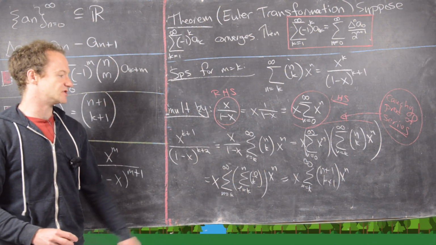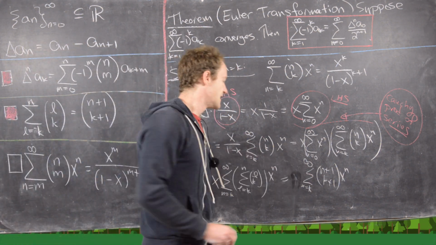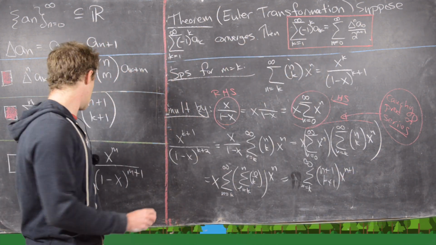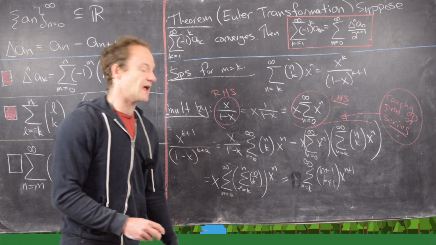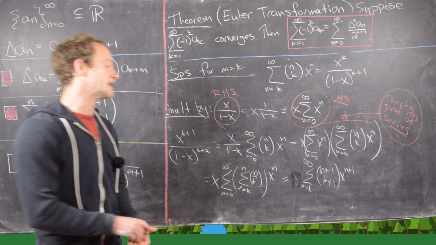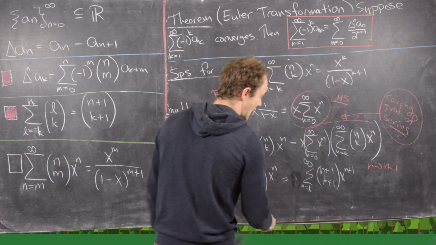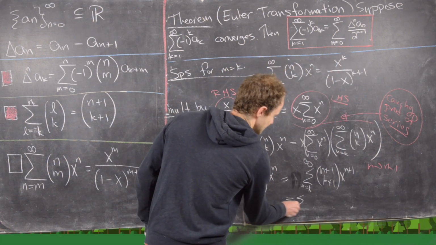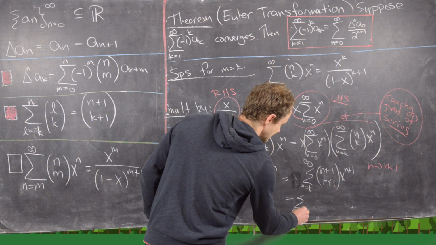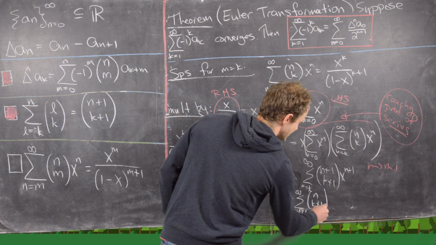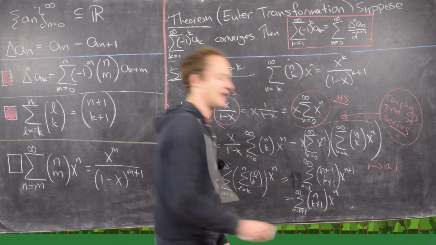The next thing I can do is multiply this x in, and that's going to give me x to the n plus 1. And then finally, I can re-index by sending n to n minus 1, and that turns this into the sum n equals k plus 1 to infinity of n choose k plus 1, x to the n.